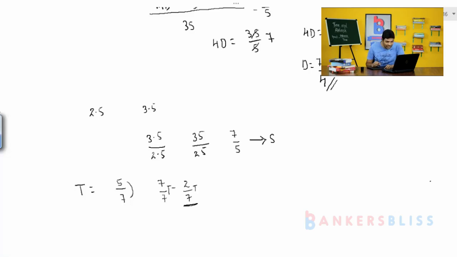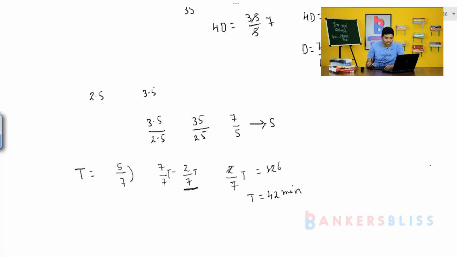So this is the time what we have saved. So 2 by 7 of t is equal to 12 minutes. 2 6s are 12. T is equal to 42 minutes.